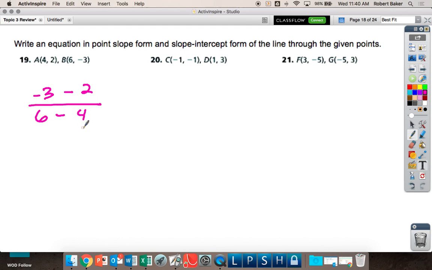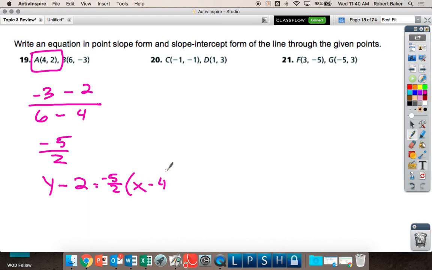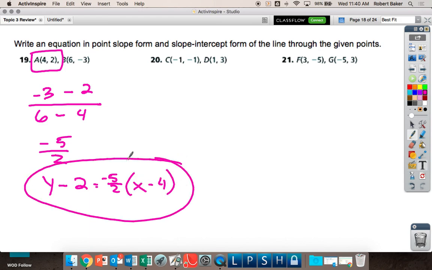I get concerned there because you're subtracting negative numbers. So that's your slope, and you pick a point. And you plug it in: y minus y1 equals the slope that you just created times x minus x1. And you go on from there.